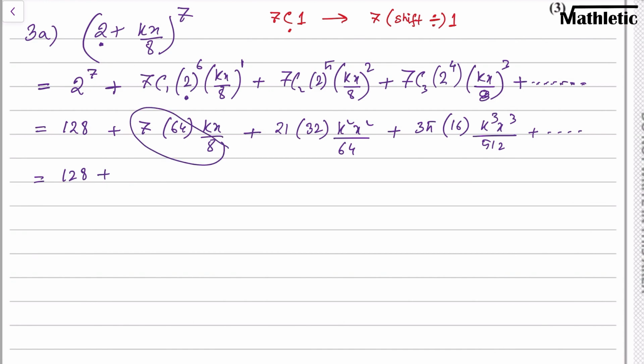So from the calculator, you can get the value 56kx. Simplifying this will give us 21 by 2, and the last one 35 by 32.